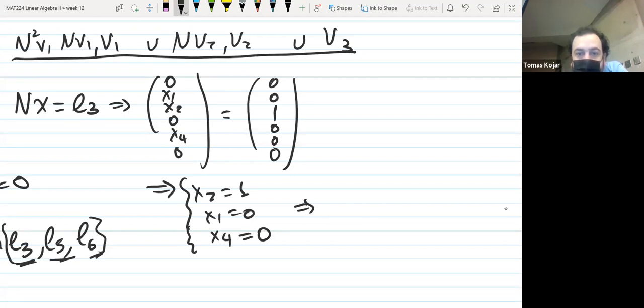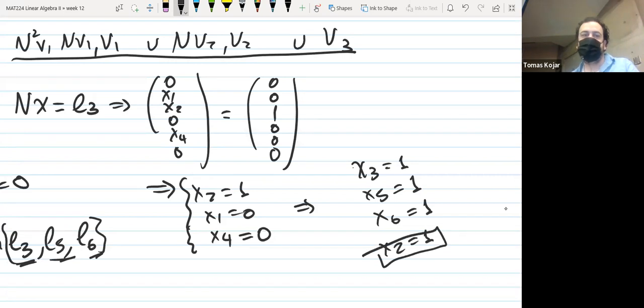So x3 survived, x5 survived, x6 survived, and x2 became 1 always. So this is fixed. Let me write this with real numbers, because it's confusing. These are arbitrary, because we didn't touch them. They can be anything. So the solution to the system is these, with a 1.